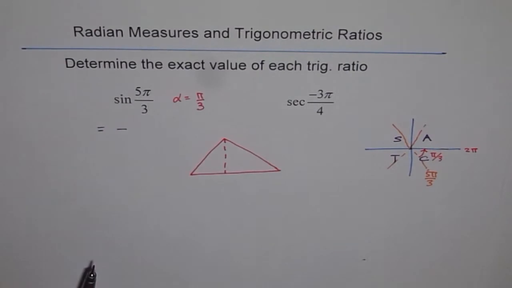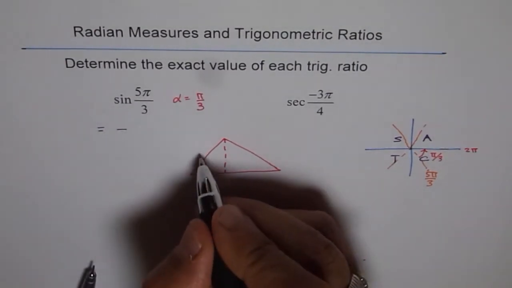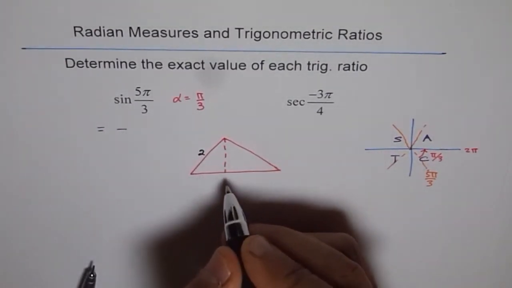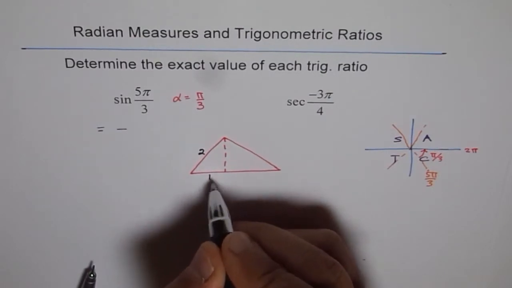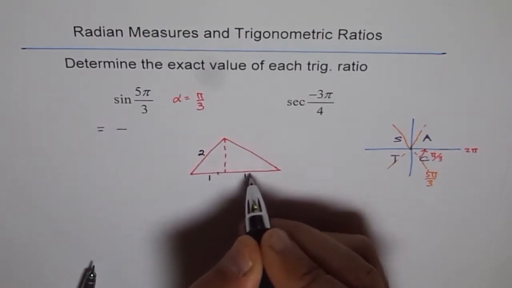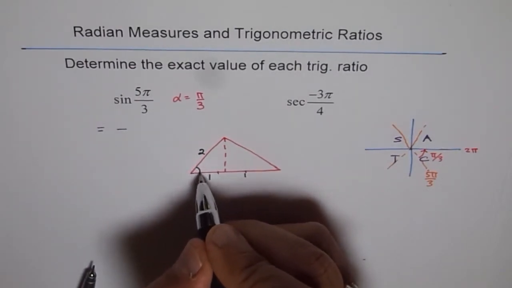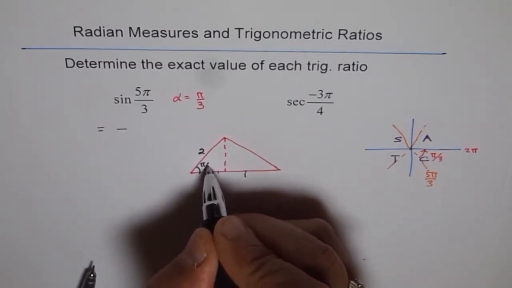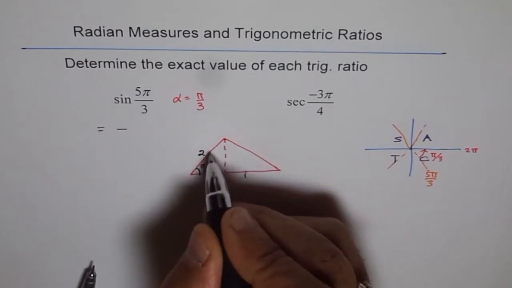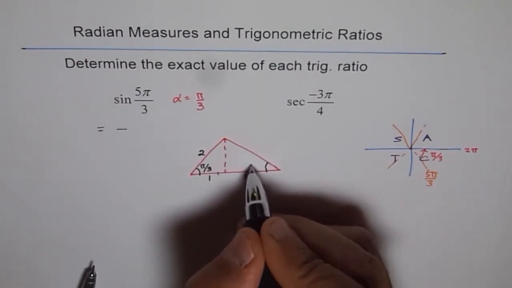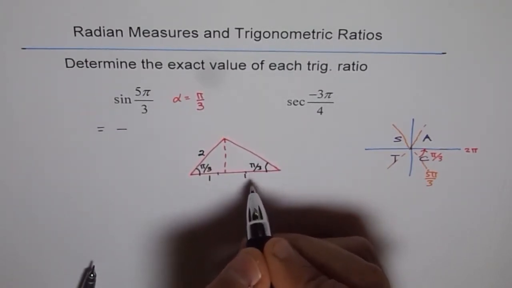When I do this, I'm assuming that the equilateral triangle's sides are 2. Half of them will be 1. This is 1, this is 1. Okay, assume this to be equal. It doesn't really look like it. And that angle is pi by 3, since an equilateral triangle has 60 degrees in each angle, right? All angles are pi by 3, correct?